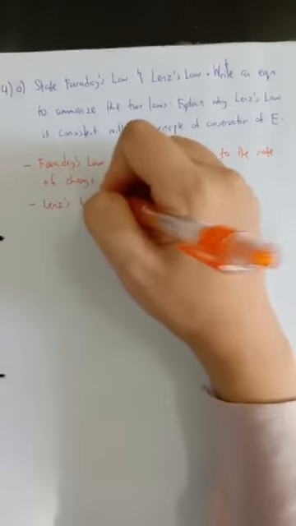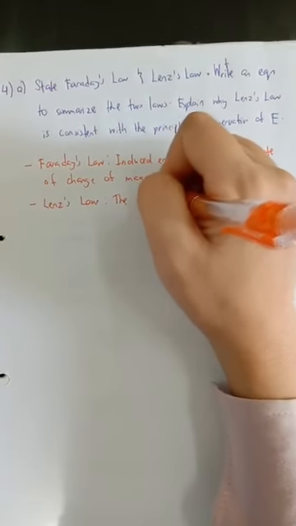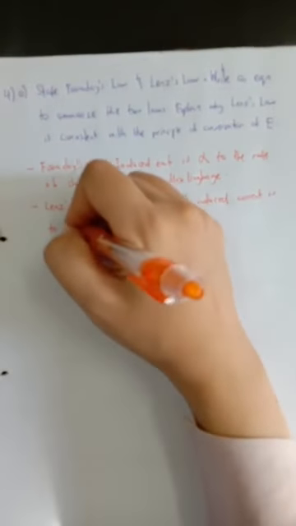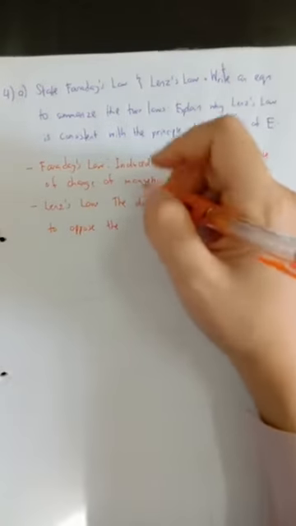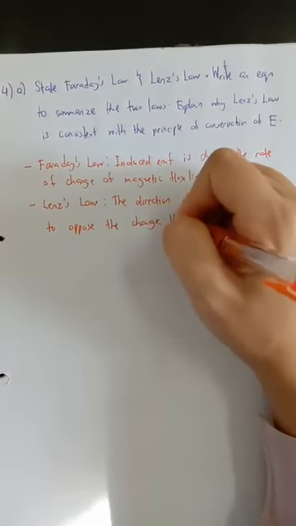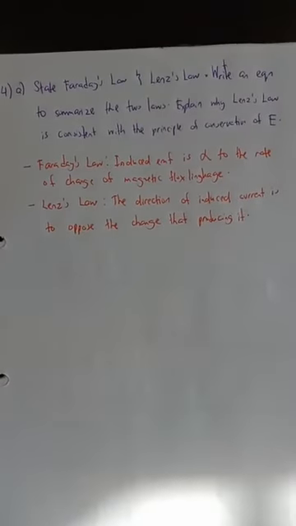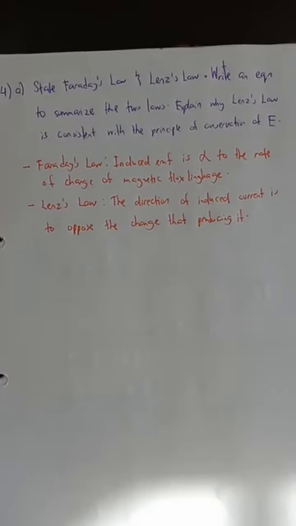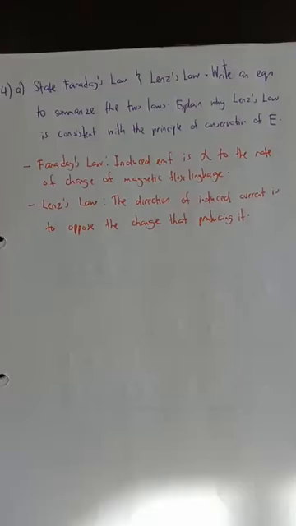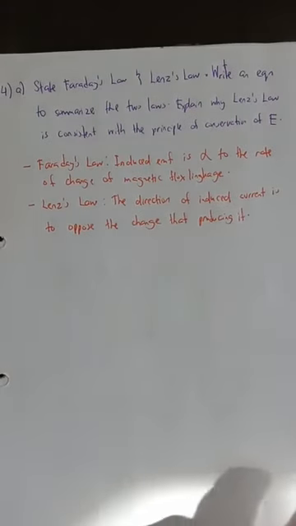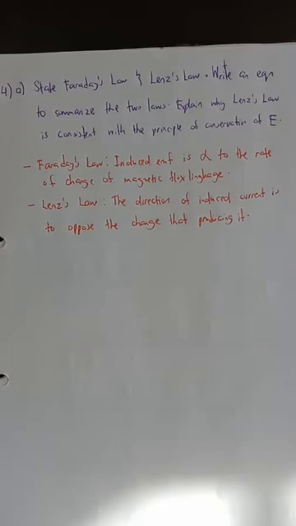Lenz's law: the direction of induced current is to oppose the change that is producing it. And then write an equation to summarize the two laws.